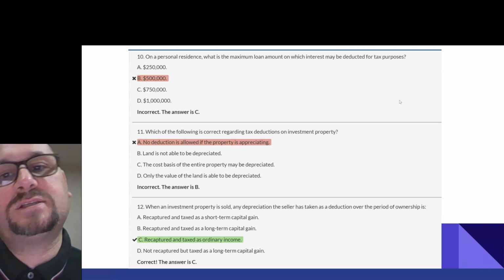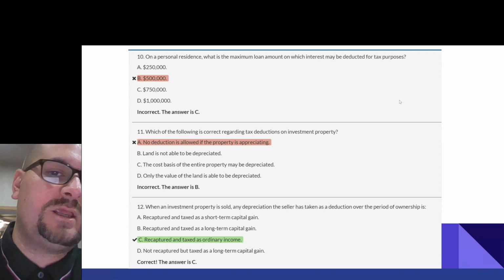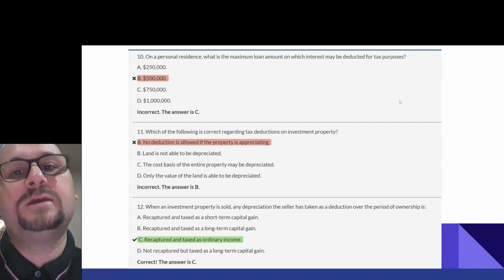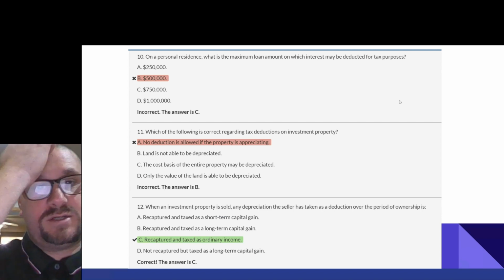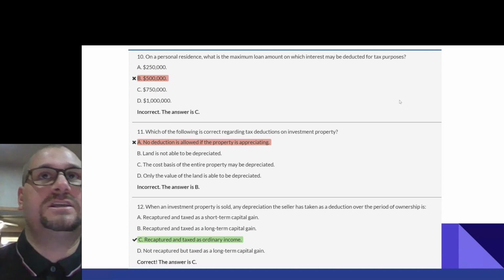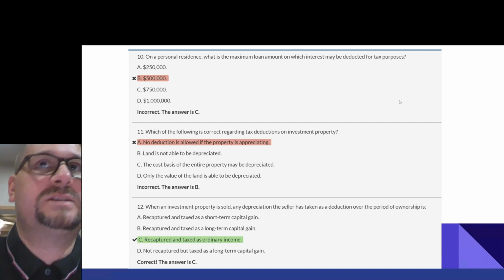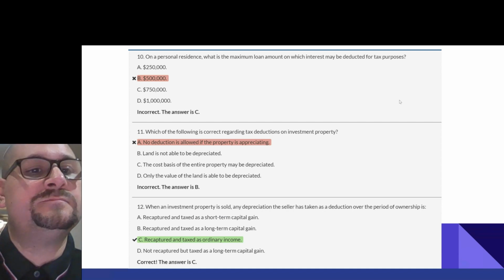On investment property, personal property is different. Typically, there's no tax deduction on investment property anyways.